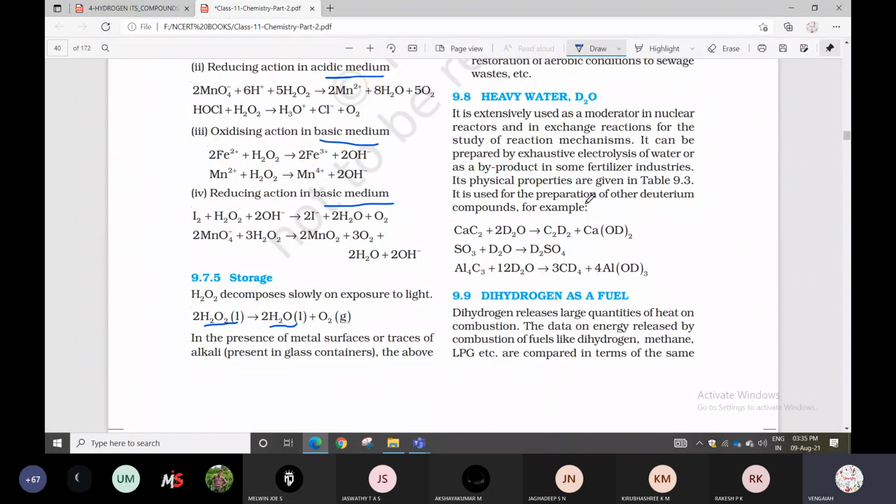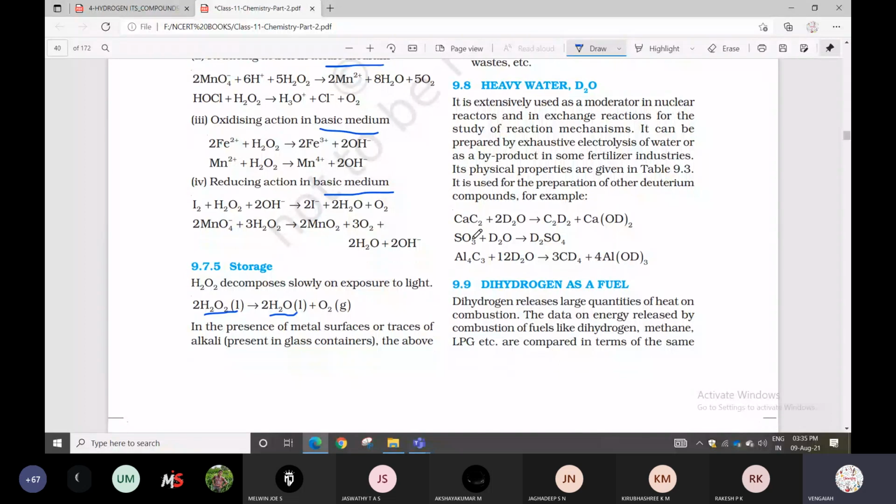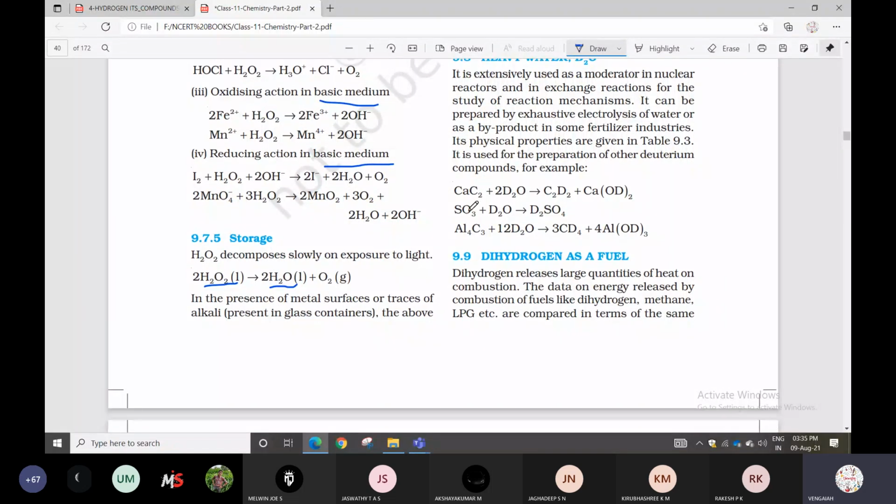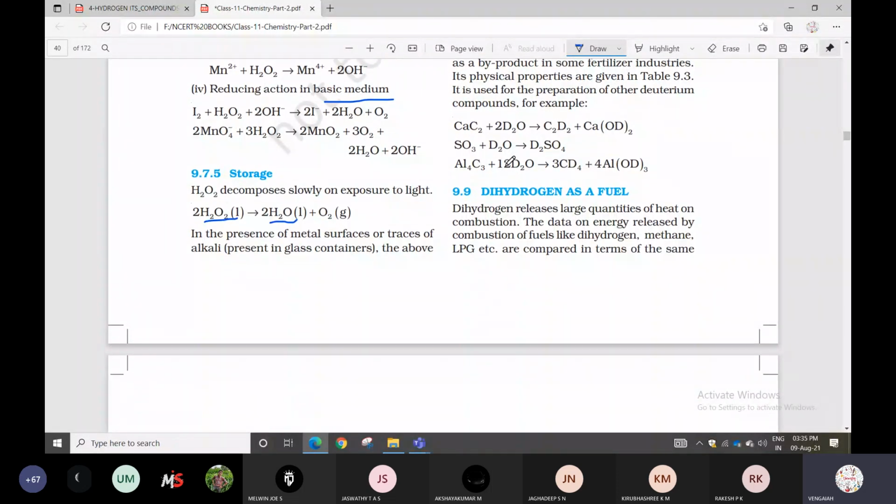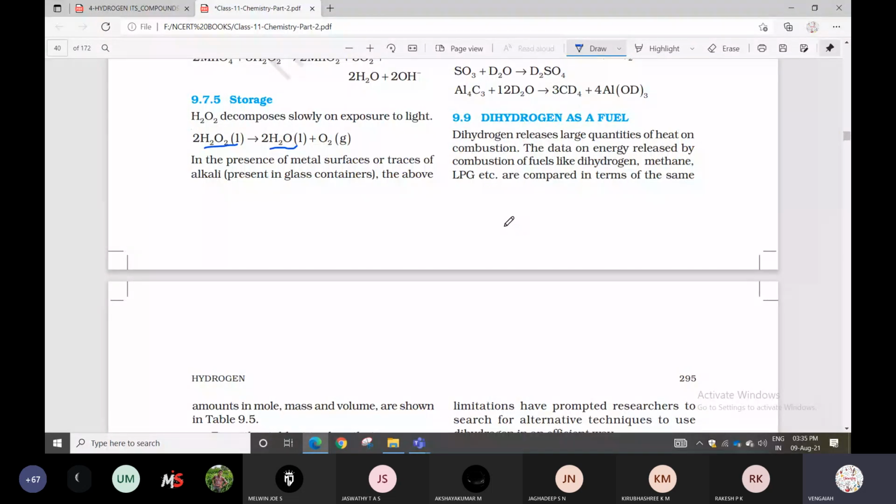Hydrogen as a fuel. Dihydrogen releases large quantities of heat on combustion. The data on energy released by combustion of fuels like dihydrogen, methane, LPG (liquefied petroleum gas), and CNG (compressed natural gas) are compared. These are all things you studied in lower classes.